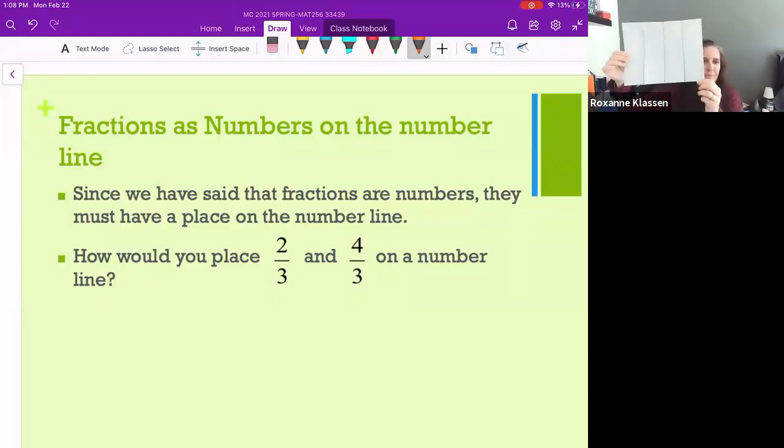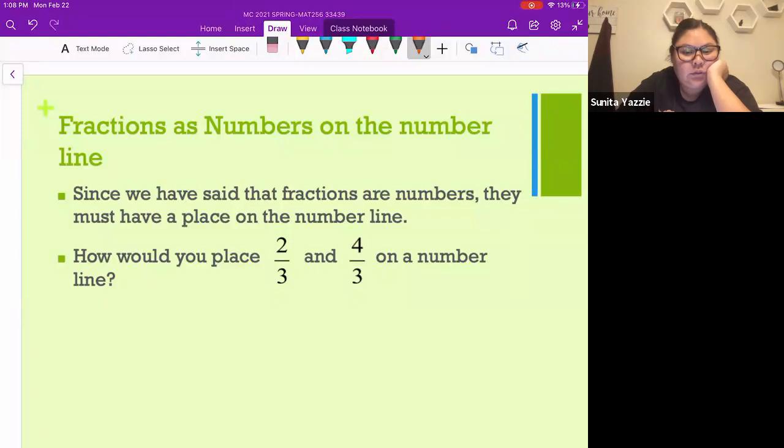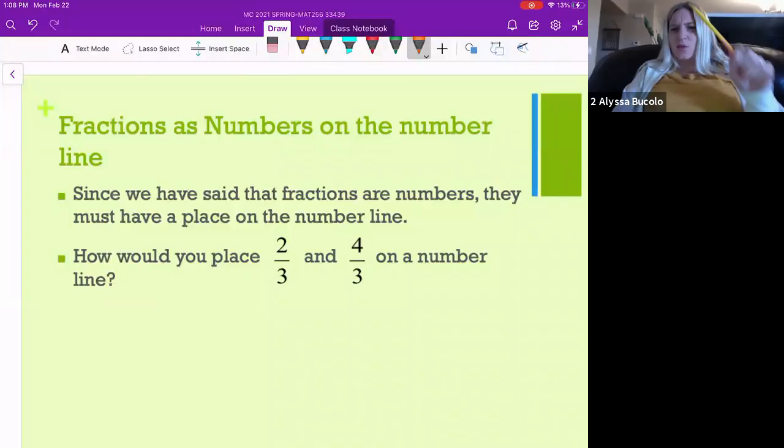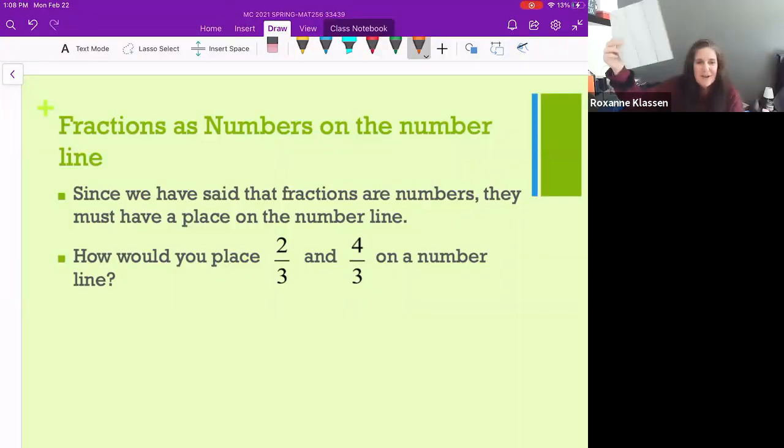So here's my piece of paper. This is 4/5, yes? So this is 3/5. How is it 3/5 when there's only 5 slots and there's only 4 slots?